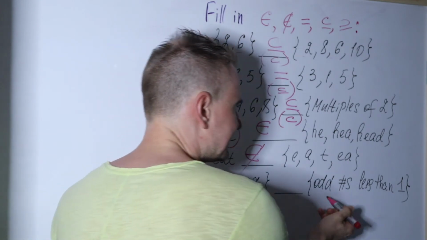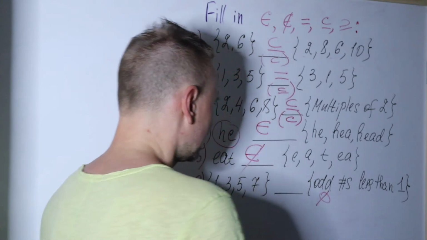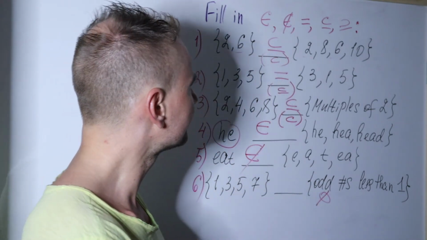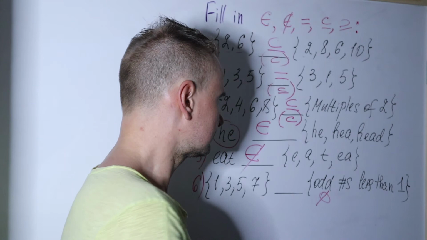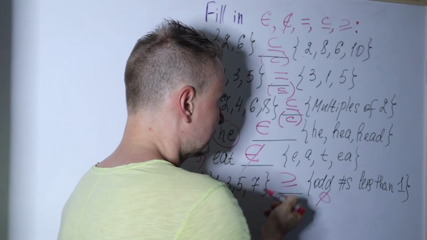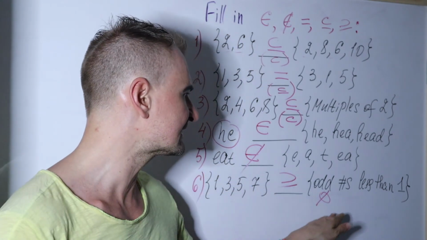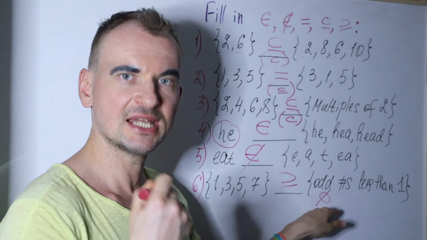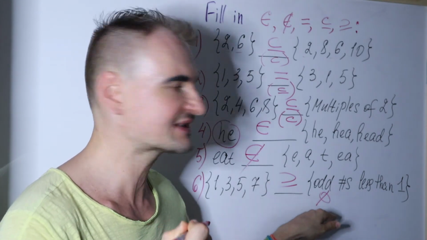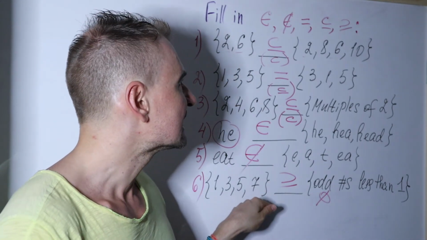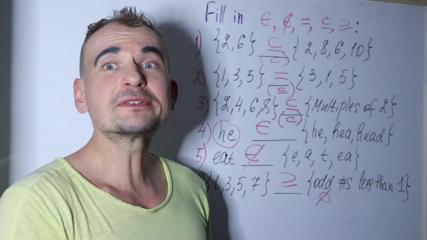So this set basically is an empty set. So you would pick this symbol, since the empty set is a subset of any set.